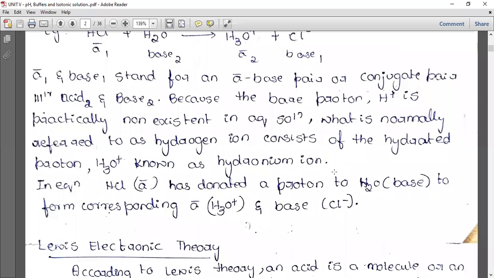The same so-called weak acid, acetic acid, when we add it into liquid ammonia, behaves as a strong acid. So it not only depends on how readily they are giving up or accepting the proton, it also depends on the strength of the solvent into which we are introducing the acid or base. Okay, this is the Bronsted-Lowry theory of acid base.